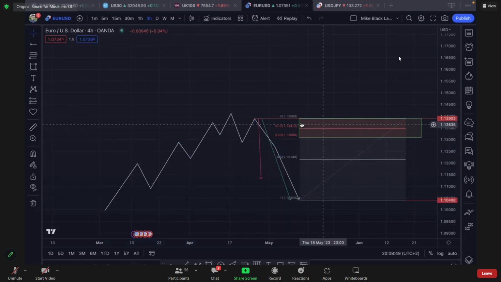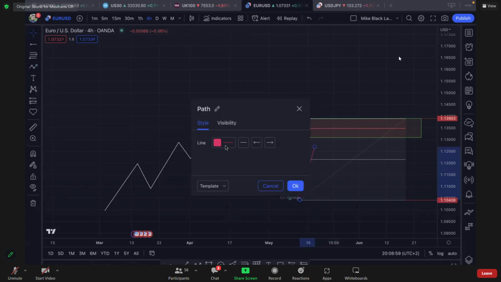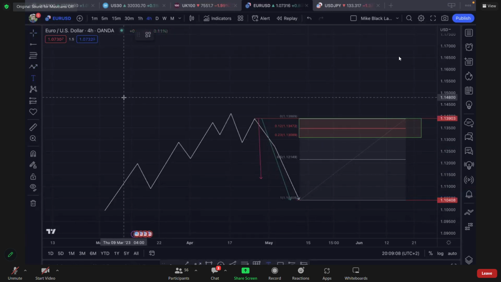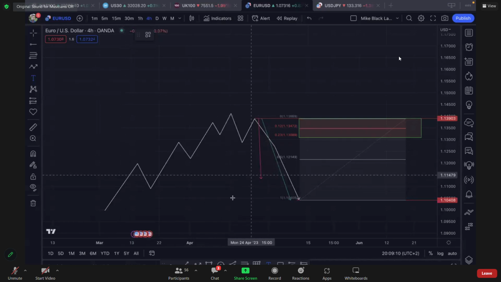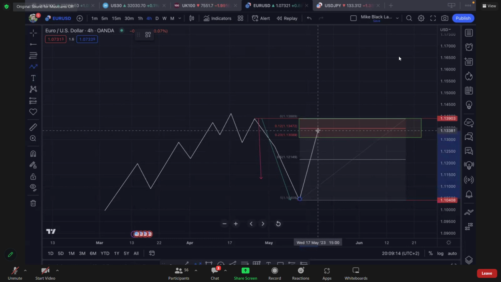So sometimes we would wait till price comes back. Not sometimes, we always wait till price comes back to our Sasha zone, right? And then when it comes back to Sasha zone, it will most likely, let me just make this white. Most of the time, with a higher time frame, like a 4-hour, 1 hour, price will not always go back to Sasha unless we had a change of character.